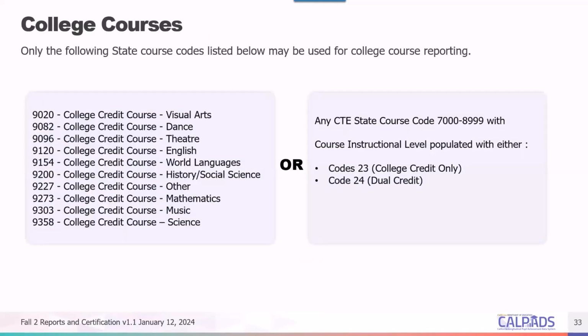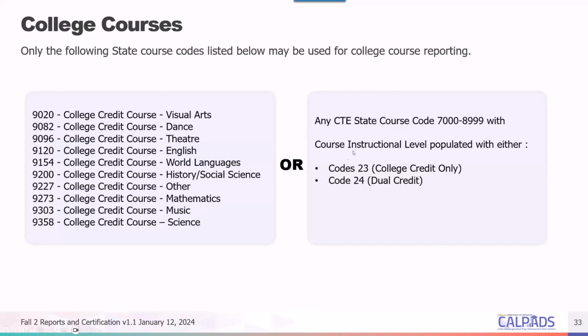So we do want to point out, when you're reporting college courses, that you want to use the correct state course code for your college credit. So if you have a college student who is taking Calculus 2, you want to use 9273. There may be a Calculus 2 state course code, but you don't use that.